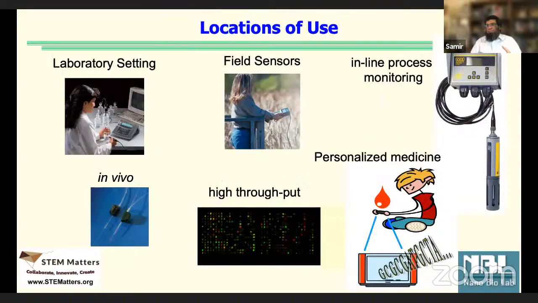It may be just to be used in a lab environment, which is much cleaner. We have people who are trained to use those sensors. It may be where we have to use it in a rugged environment. We have to deploy in the field. Again, people need to be trained, but the environment can be dirty, which means background. So we'll see for all these different sensors what the issues or challenges may be.